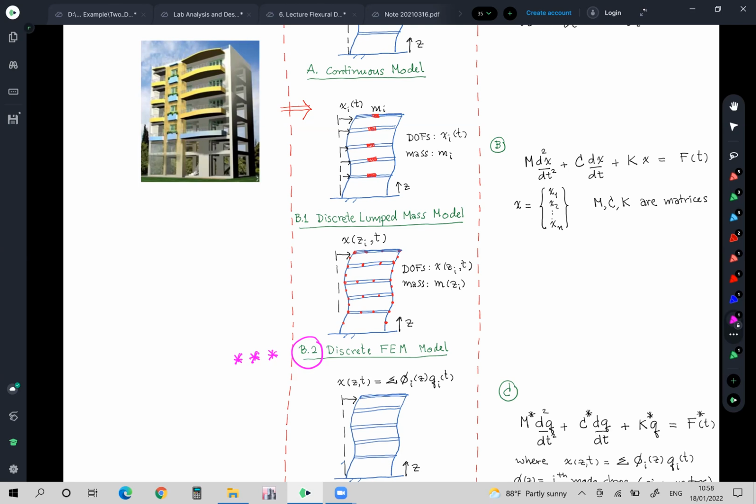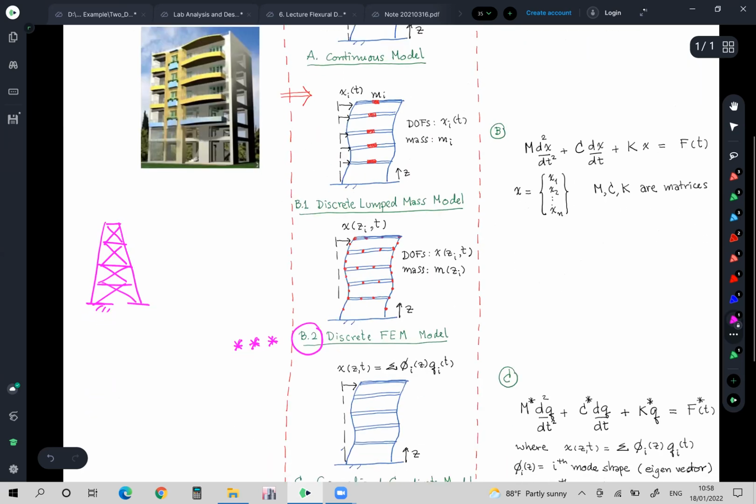But for a certain application, for example, if I do the analysis of a water tank, a tower like this, like a transmission line, any truss structure tower, or in this case a water tank with water on top.